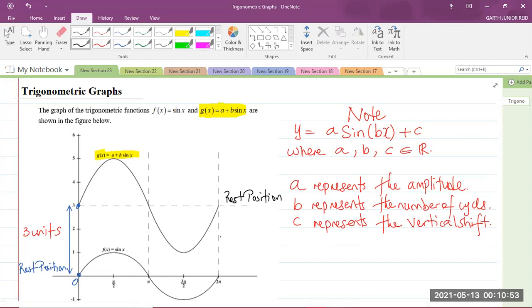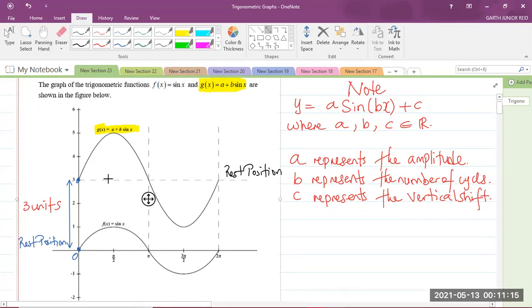The amplitude is defined as the maximum distance from the rest position. So in other words, the distance from the rest position to that point there is 2 units.